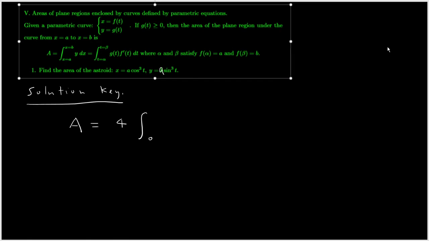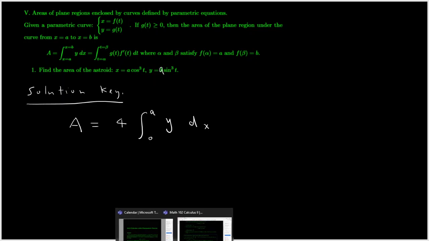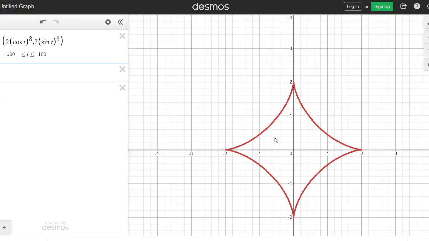Again, the area is 4 times the area of the portion in the first quadrant, which is from 0 to A. If the function is denoted by y, can I just write y and then dx? It means we compute the integral of y when x is changing from 0 to A. I can show you what's going on, okay?